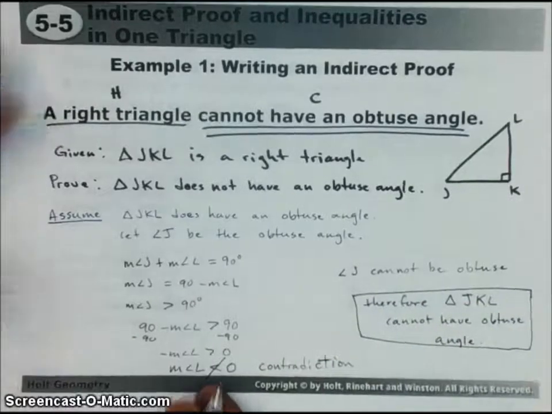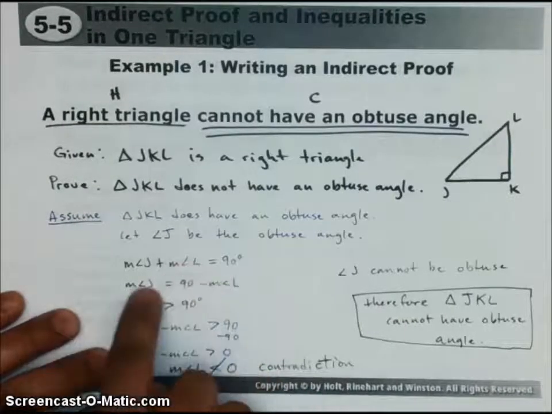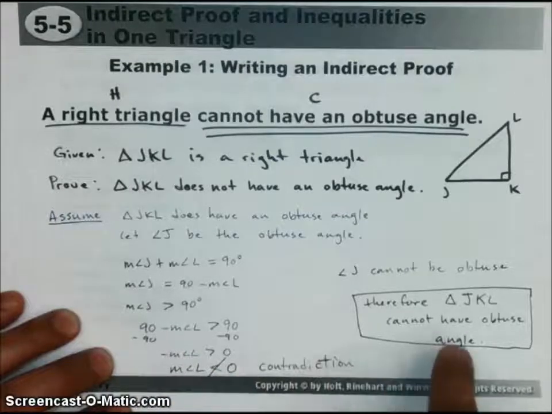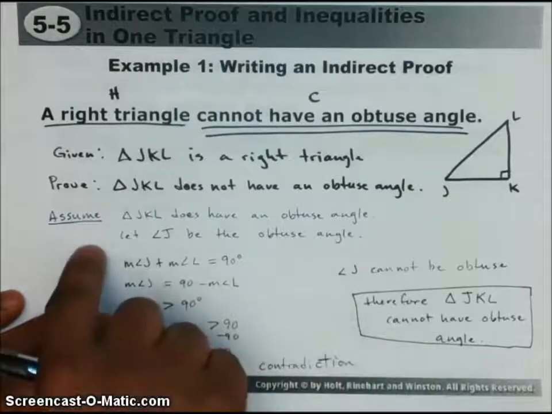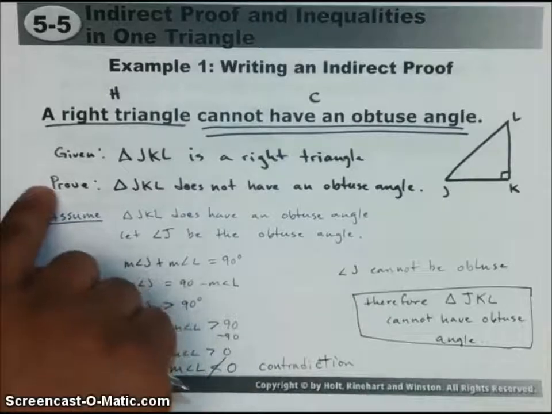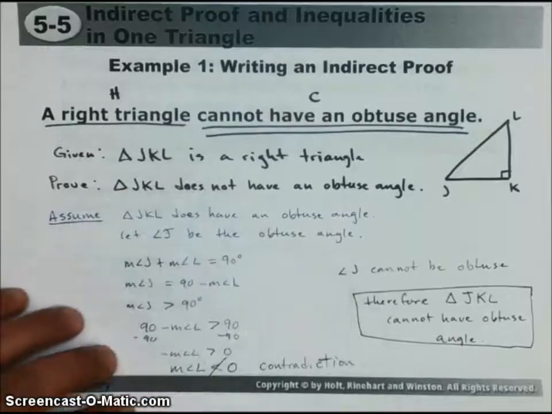That is how we prove something by contradiction. We used some algebra, and then we got this contradiction: this angle had to be less than 0, which is impossible. Since this cannot happen, my assumption is false, which means my original conjecture has to be true.